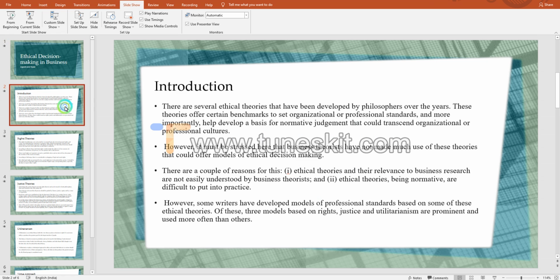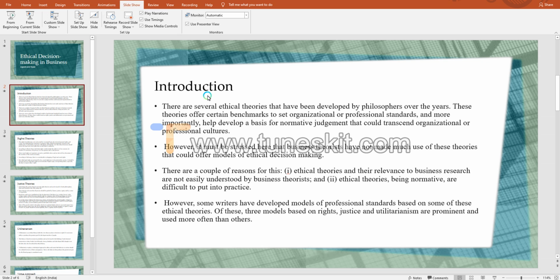Now, if we look at the first point, there are several ethical theories that have been developed by philosophers over the years, over the decades. These theories offer certain benchmarks to set organizational or professional standards.